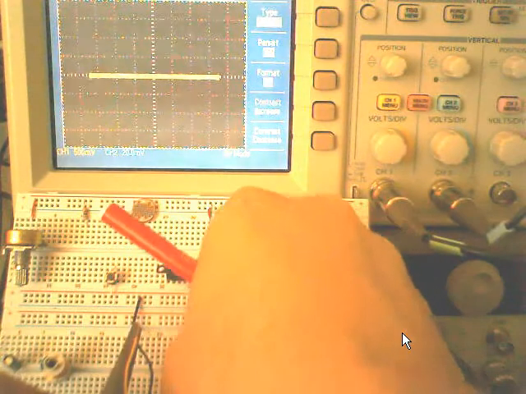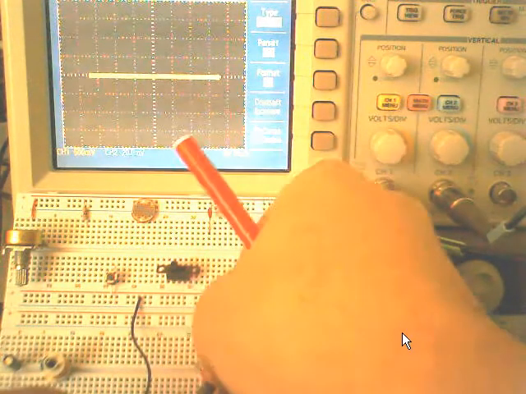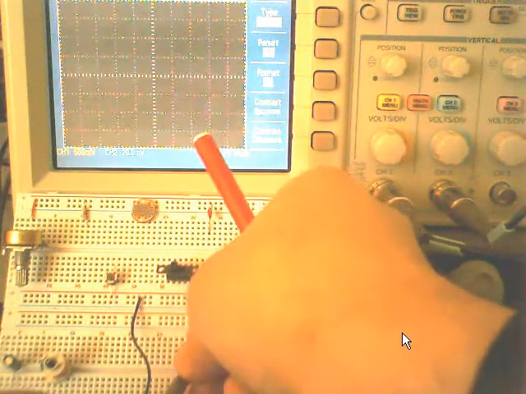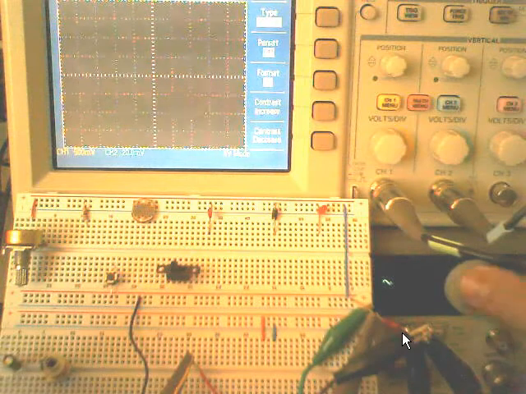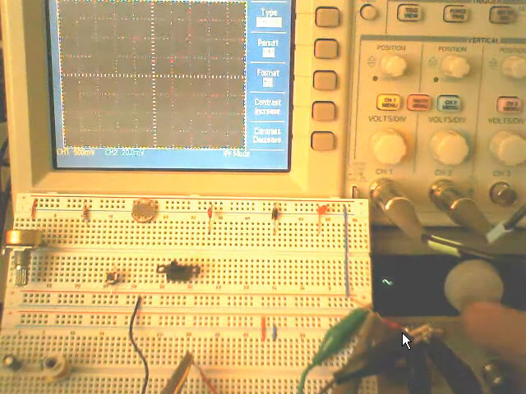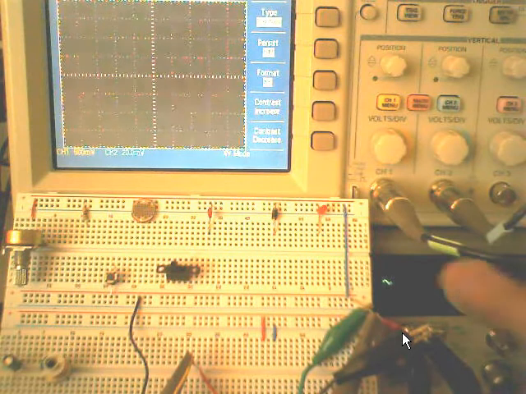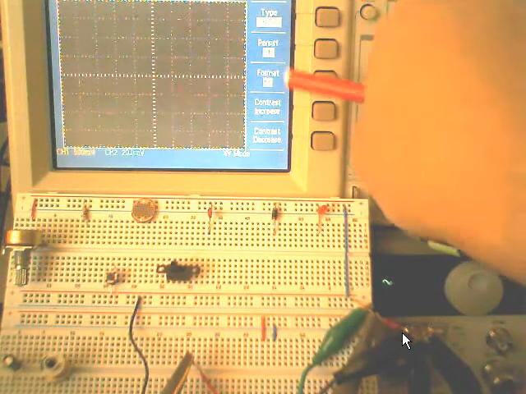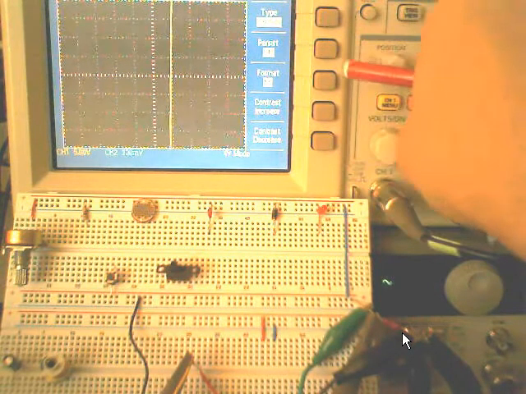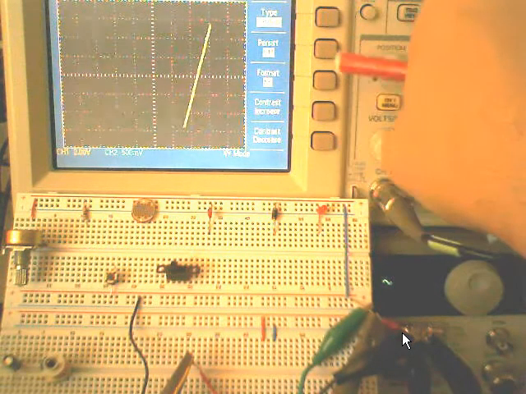Let's see what happens if we try to understand the voltage current graphic of a voltage source. Yes, this is what you see.